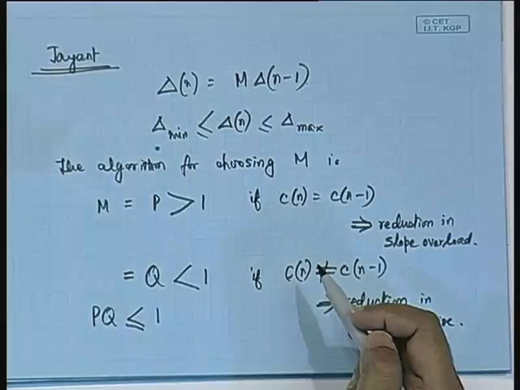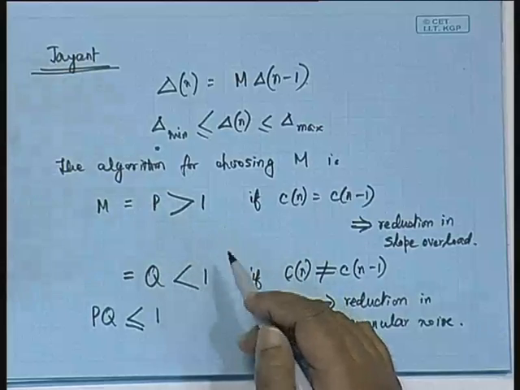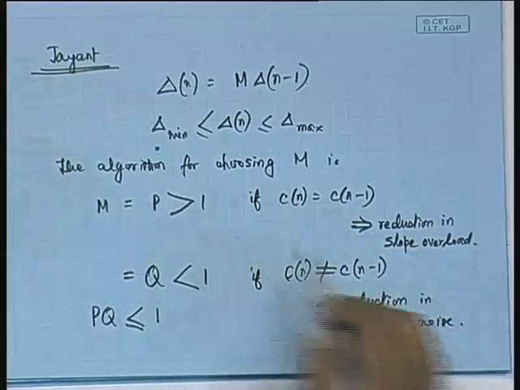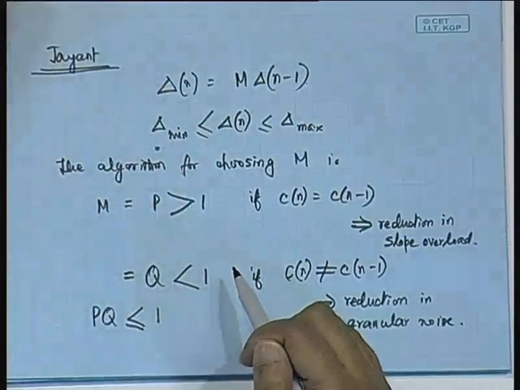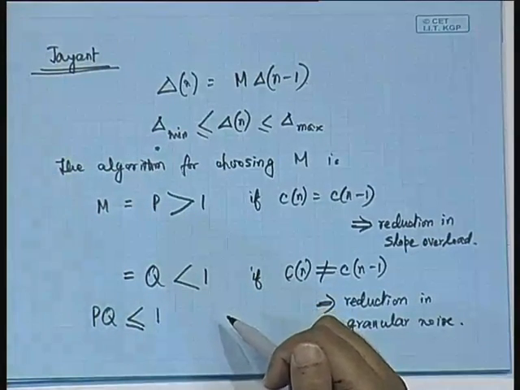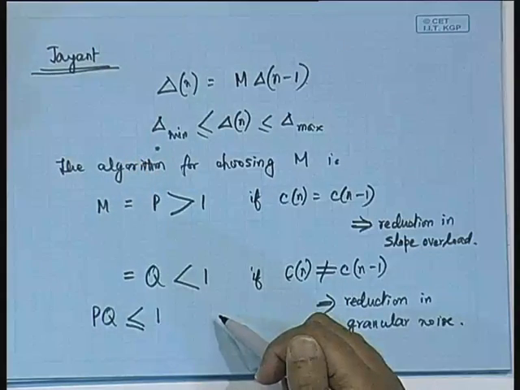Either Cn and Cn minus 1 are the same or they are different. So we just used two numbers: if they are the same use P, if they are different use Q. But complication in the algorithm is possible, say if you try to monitor even several past C's. If Cn is equal to Cn minus 1 and is also equal to Cn minus 2, then you should increase the value of m by a further factor.